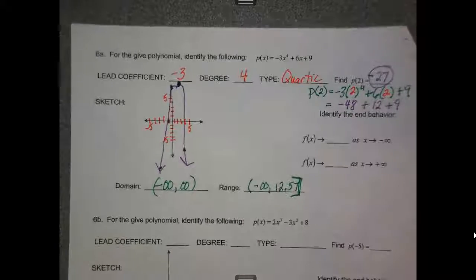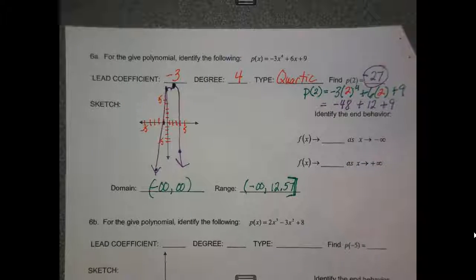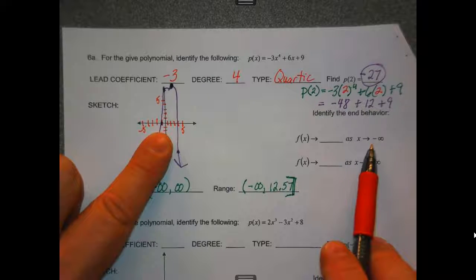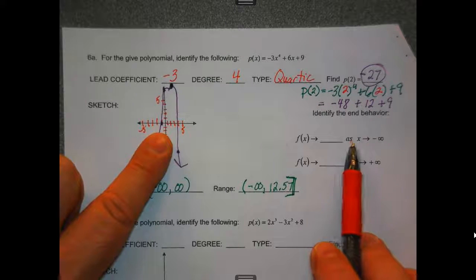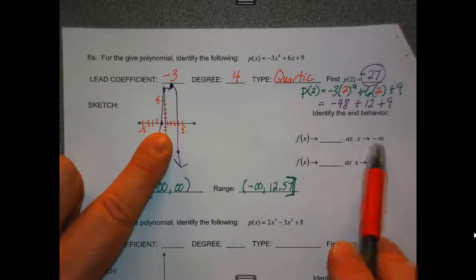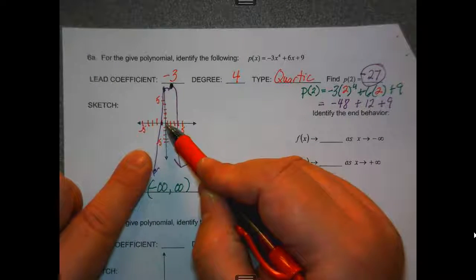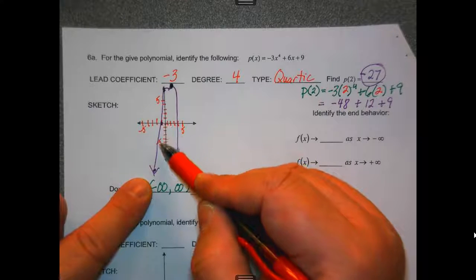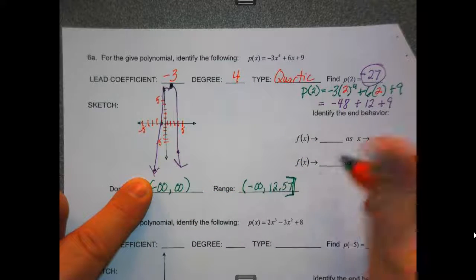Okay, let's do our end behavior. Start at the origin. As x approaches negative infinity, or goes to the left, the y value of my graph goes to negative infinity.